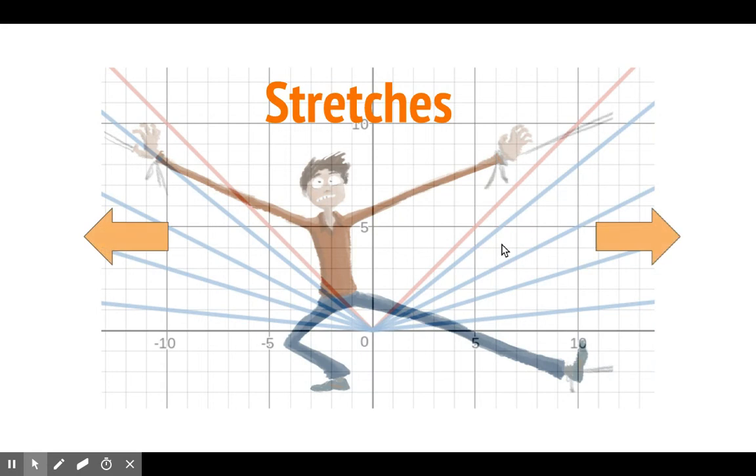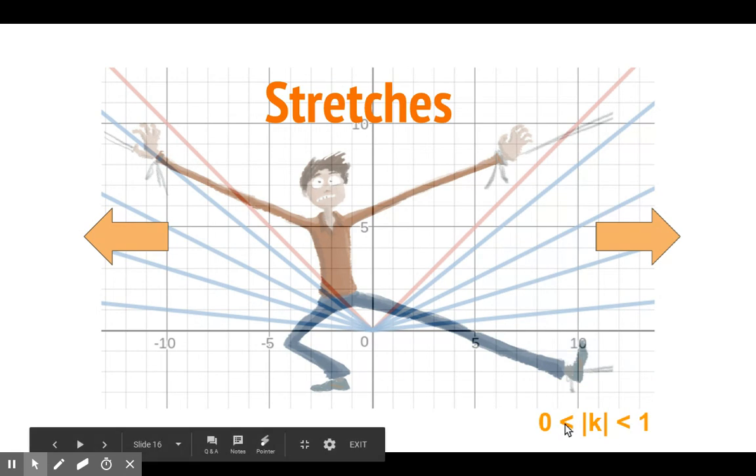So our horizontal stretch looks something like a vertical compression, at least for this function. Unlike the vertical stretches, we will have a horizontal stretch when our value of K is between 0 and 1.